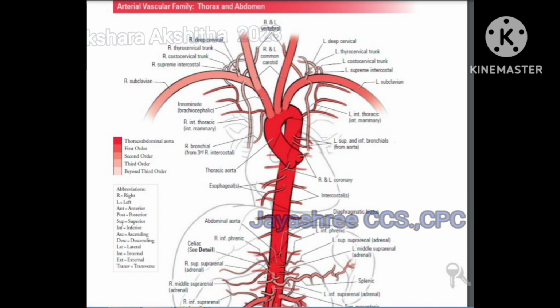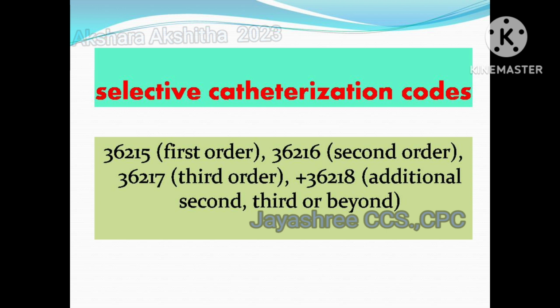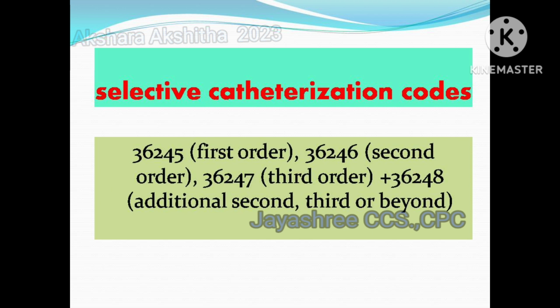The non-selective catheterization CPT codes are 36140, 36200, 36160, 36100, and 36240. The selective catheterization CPT codes are 36215, 36216, 36217, 36218, and 36245, 36246, 36247, 36248.